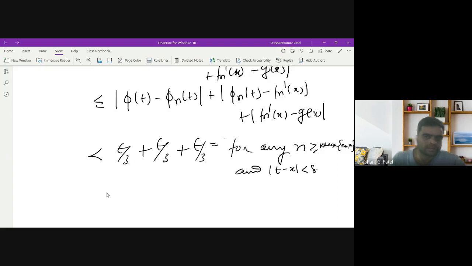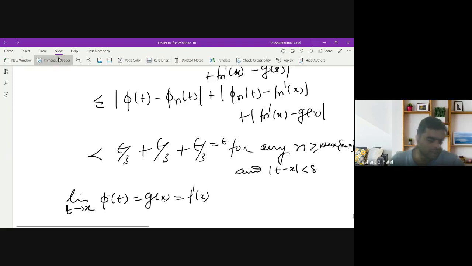So this is less than epsilon. So I can say that for this value of n, limit of phi of t is equal to g of x as t tends to x, which is exactly f dash of x.